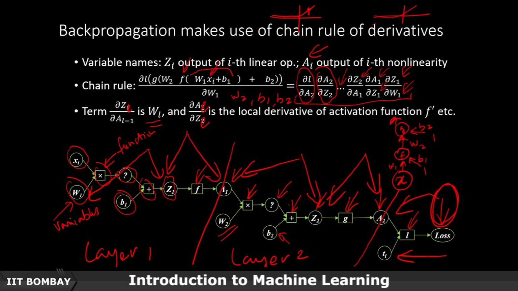Or if you look at something that is outside, then this is going to be a for the next layer, and that is being multiplied with the weight of that layer. So when you look at the output of the linear term, this entire term with respect to x, then that is just going to be W1. If we look at the derivative of this entire term with respect to the output of f, then we are going to get W2. So that is how we say that del of ZL by del of AL minus 1 is going to be WL.